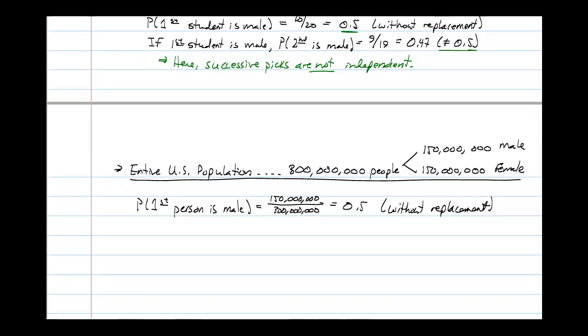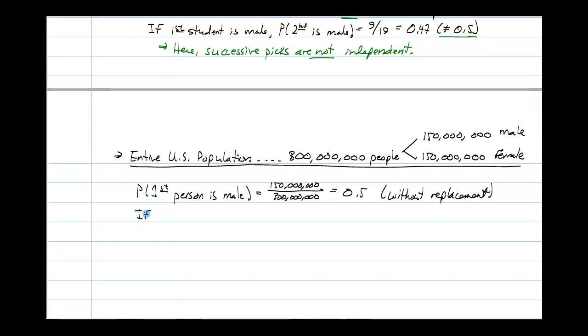So if the first person is male, what's the probability that the second is male? Okay, well, our denominator is going to change slightly. Instead of being 300 million, it's going to be 299,999,999, because that first male that I selected will not go back into the population.